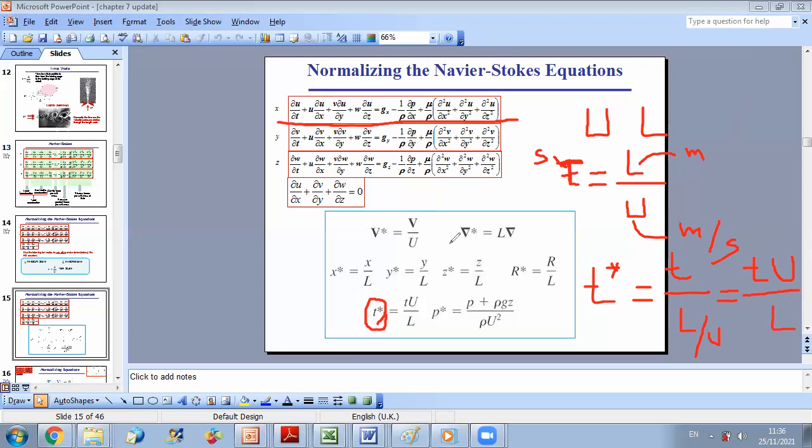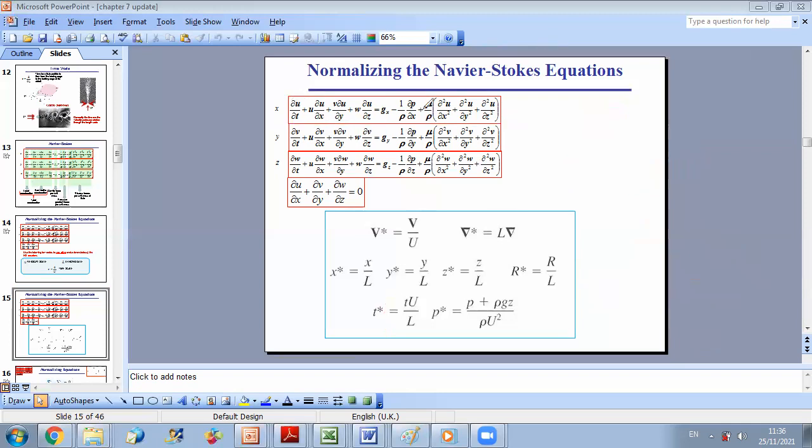Now, once we defined all the normalized factors and parameters, all we have to do is replace in our equation each term by the term as a function of the normalized parameter.